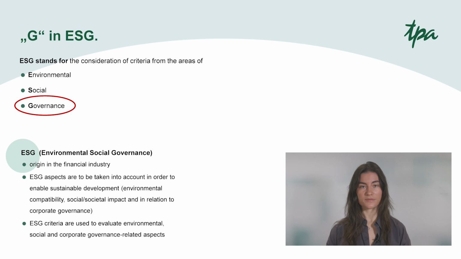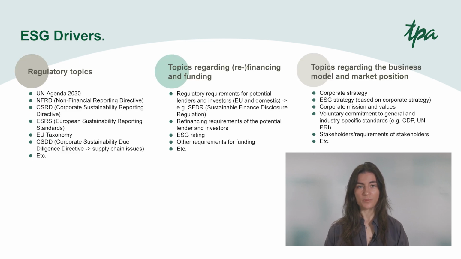ESG topics. The reason why companies are addressing ESG topics can generally be attributed to three drivers: regulatory issues, financing and funding, as well as business model and market positioning. This means that a company may be obliged to address ESG issues at a regulatory level.